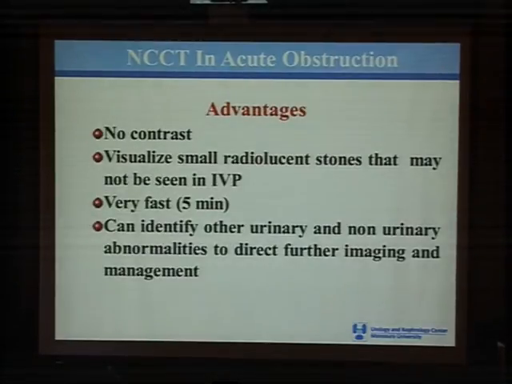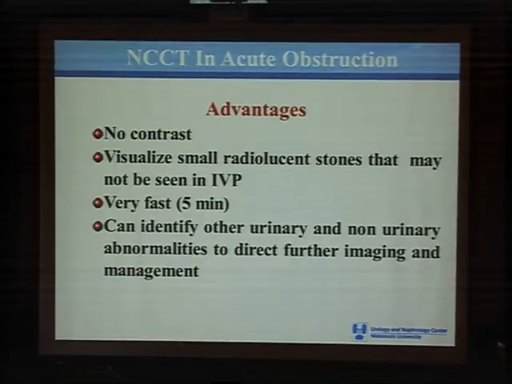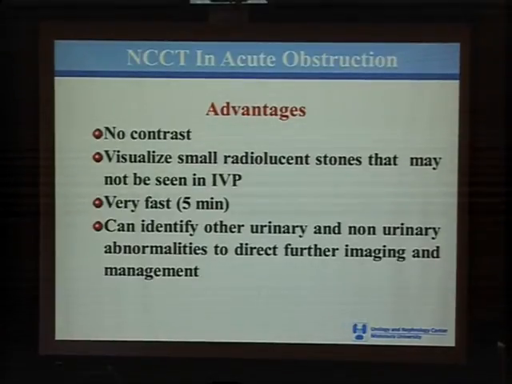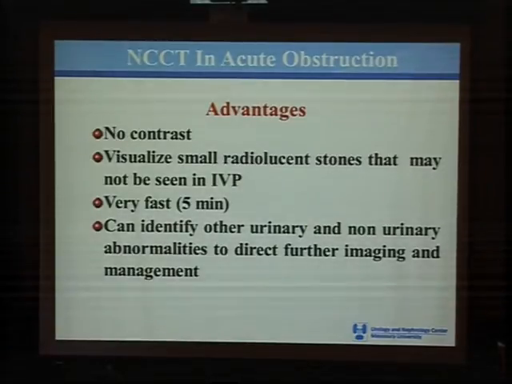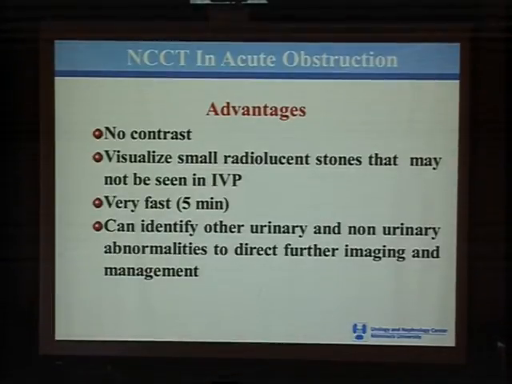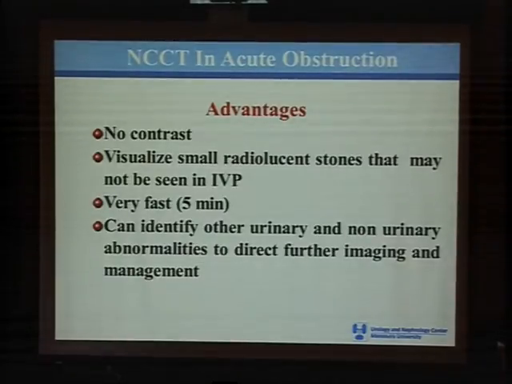It has the advantages of no injection of radiocontrast material, visualization of small radiolucent stones that could not be visualized by the KUB or IVP. It is a very fast procedure, taking only a few minutes, and also it can identify other urinary and non-urinary abnormalities to direct further imaging and management.